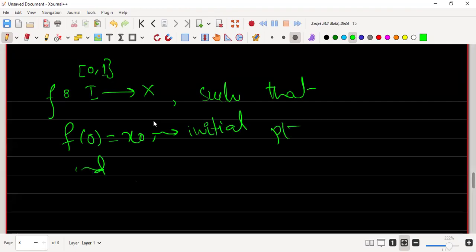And if we substitute I equal to 1, we get x1. This is the terminal point.